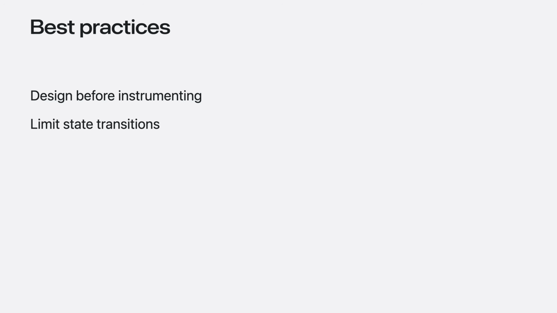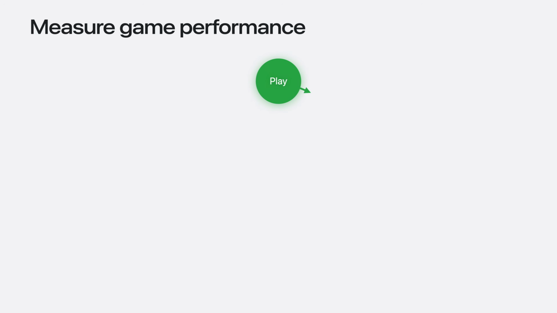Try to limit transitions to the cadence of user actions or slower. The system will throttle if the transition rate is too high, and you will lose important information until the rate is back under control. And lastly, confirm the correctness of your states using tools such as the Metal Performance HUD and Instruments. Check that transitions make sense and occur when you expect. It is easy to miss edge cases that make the data wrong and hard to understand.